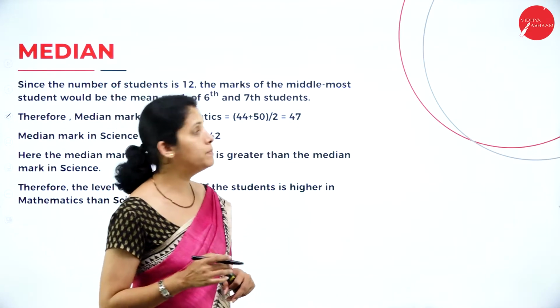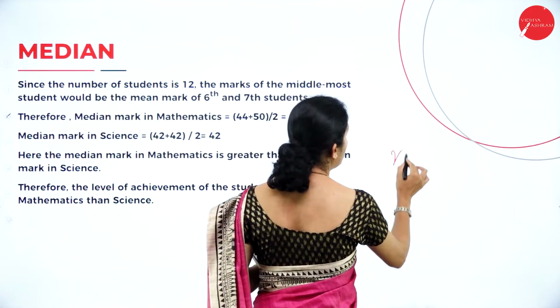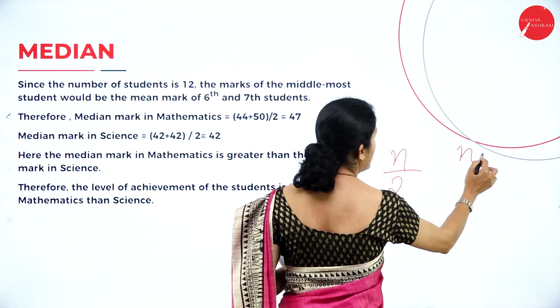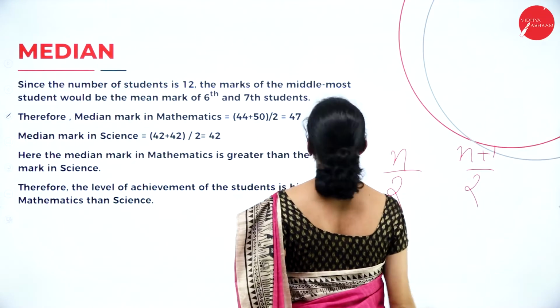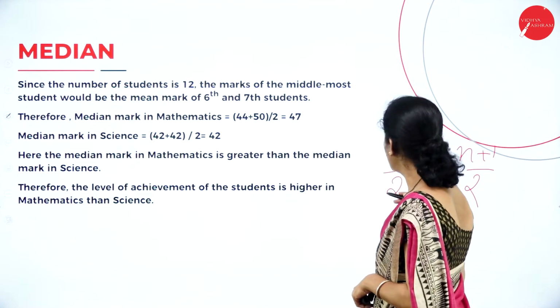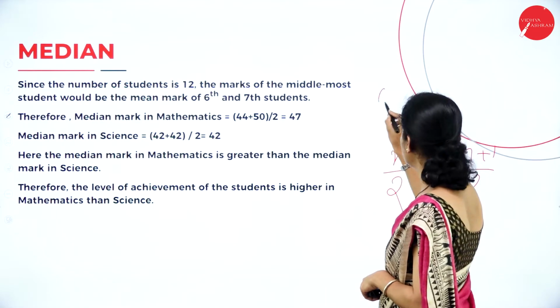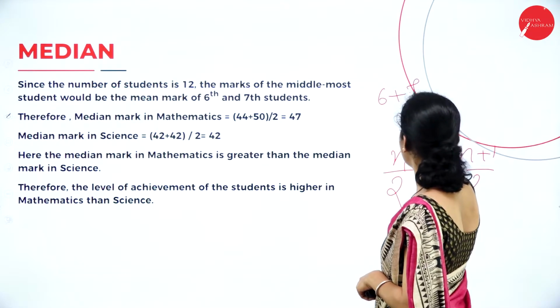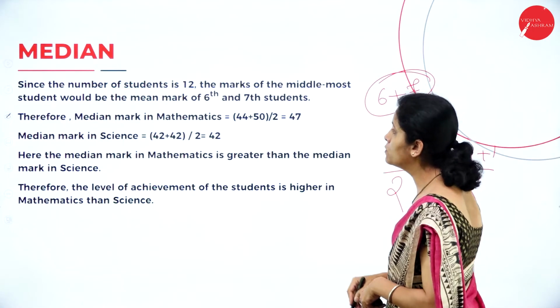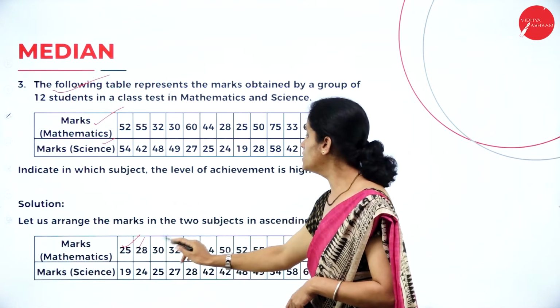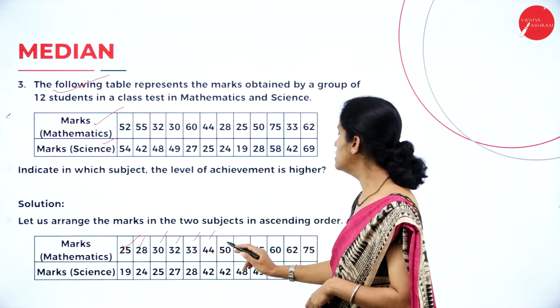If it is an even number, I want two formulas, that is n by 2, then n plus 1 by 2. Now what is n? n is 12, so 12 by 2 is 6, and the other one is 7. And what is present at positions 6 and 7? So 1, 2, 3, 4, 5, 6 and 7.